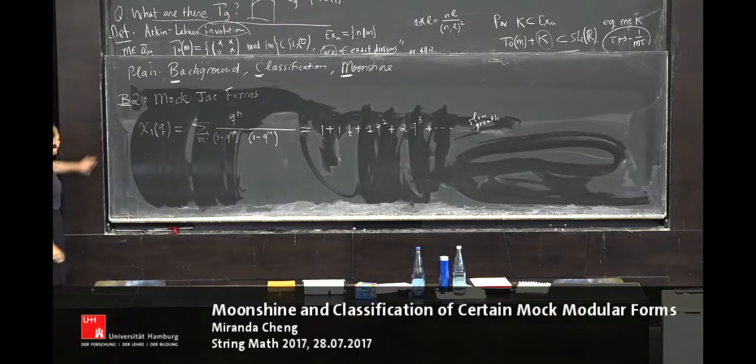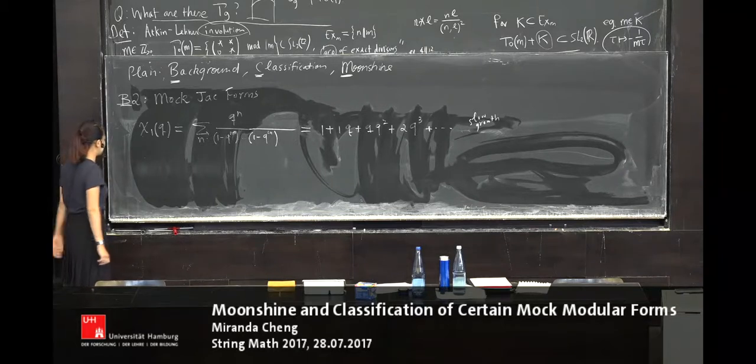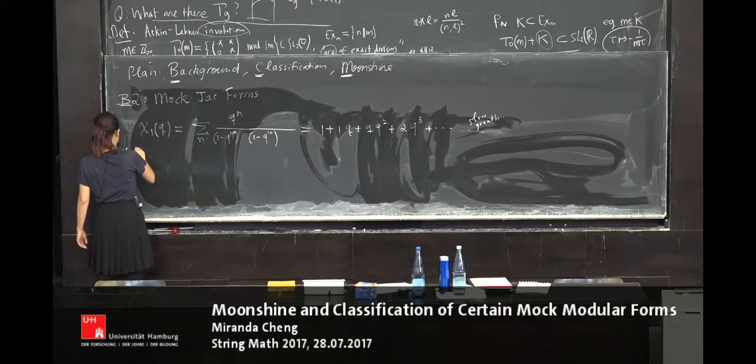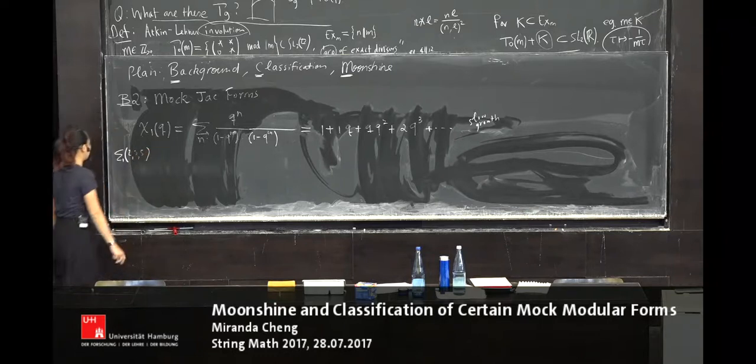Well, for instance, it's known due to Lawrence-Zagier that it's related to the quantum invariant of the Poincare homology sphere, the three-manifold Sigma(2,3,5), for instance.